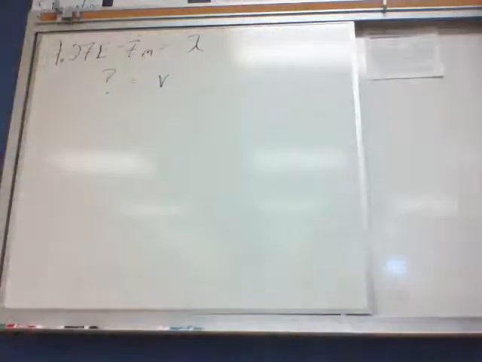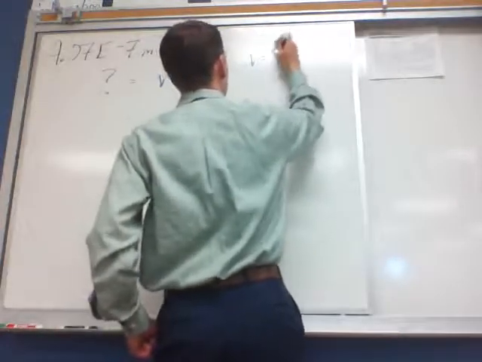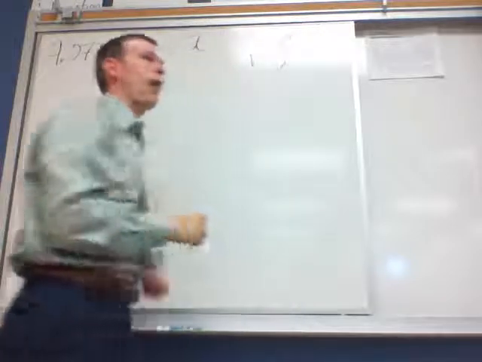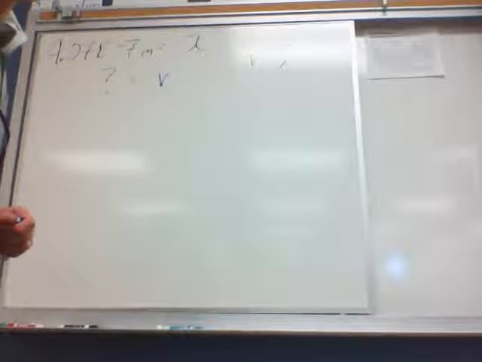Look over there, see if you find one. Do you see one? There it is. V equals C over wavelength is the equation to analyze this light.